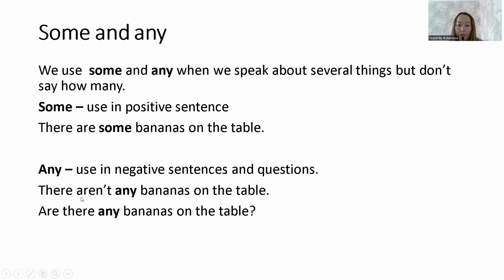So any in a negative sentence. Are there any bananas on the table? It's a question, yes? In this case, we use any again because it's a question form. We are asking if there are any bananas on the table. So please just remember: some for positive, any for negative and question.